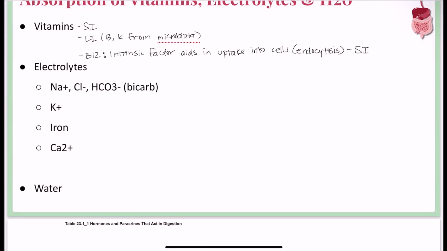Electrolytes mostly get absorbed in the small intestine. So we have things like sodium and chloride and bicarb. Sodium and chloride mostly follow each other. And sodium oftentimes wants to go into the cell due to the sodium-potassium pump.